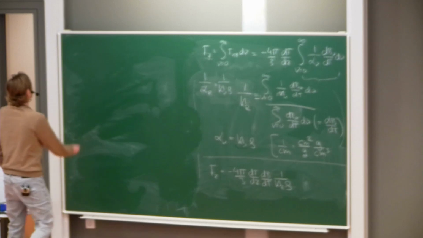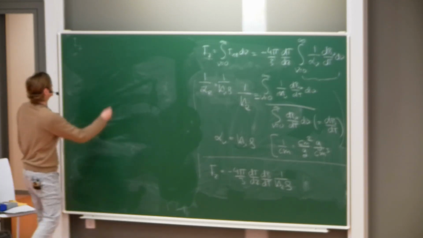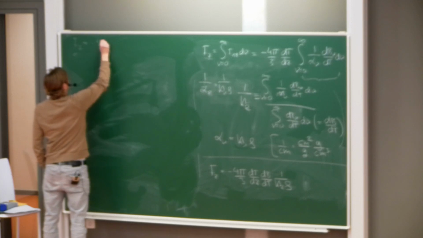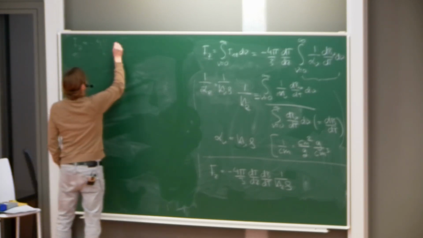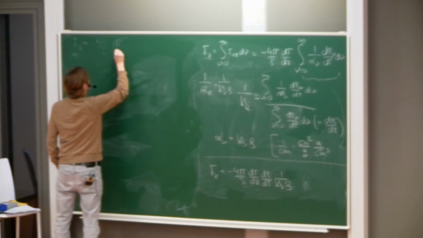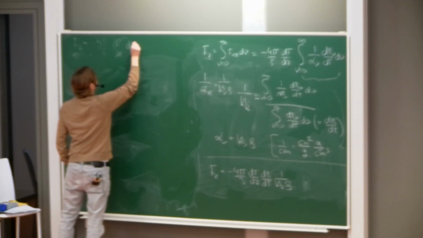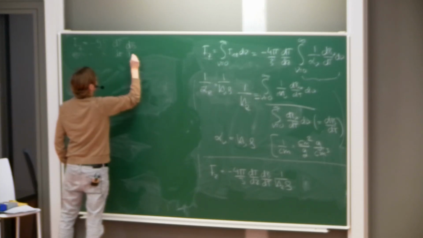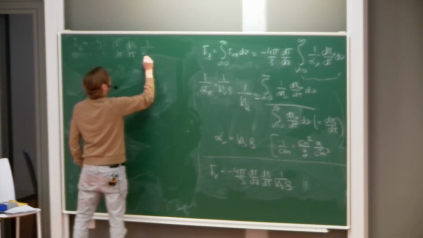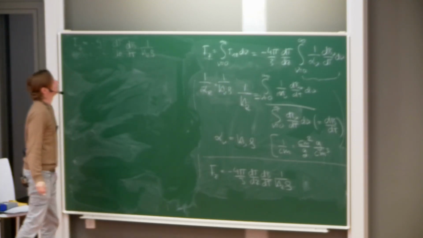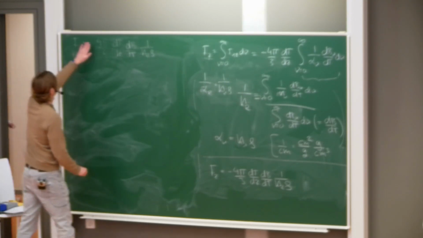All right, so here we have our expression for the flux, dB/dT times 1 over kappa Ross times rho.